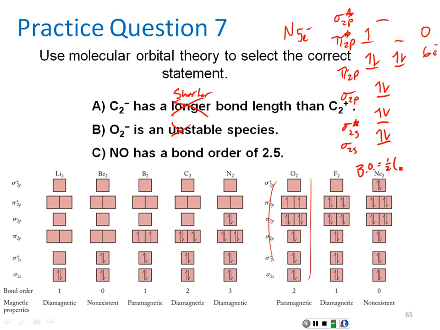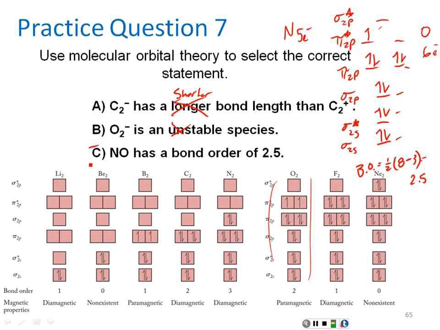How many bonding electrons do we have? There's 2 in the sigma 2s, 2 in the sigma 2p, and 4 in the pi 2p. So that would be 8. How many anti-bonding? We have 2 in the pi star 2p and 1 in the pi star 2p. So that's 3. So 1/2 of 8 minus 3 equals 2.5.